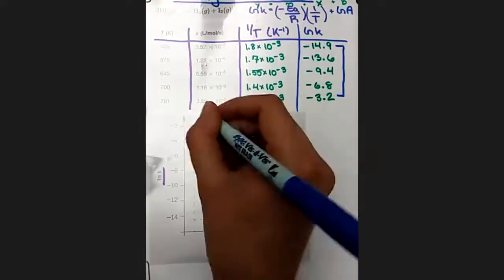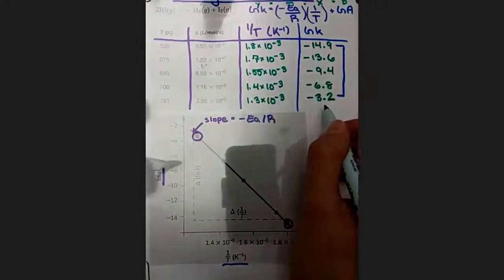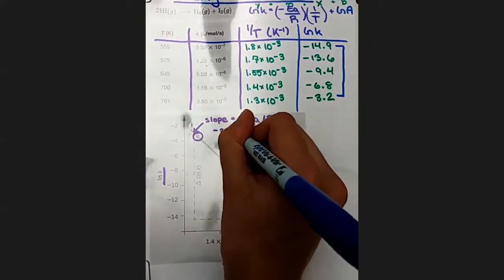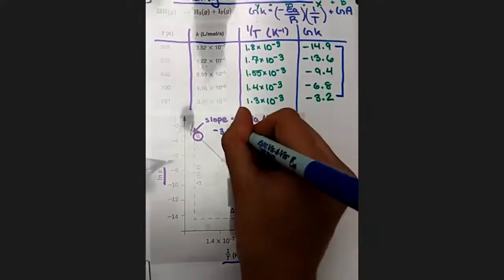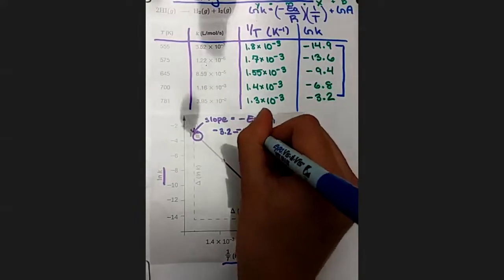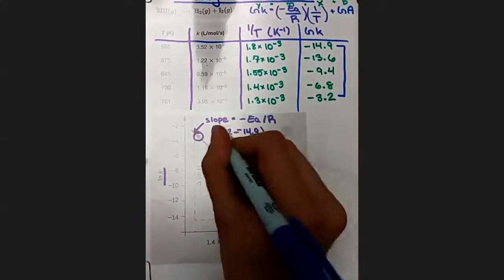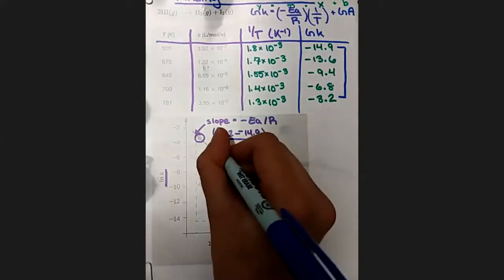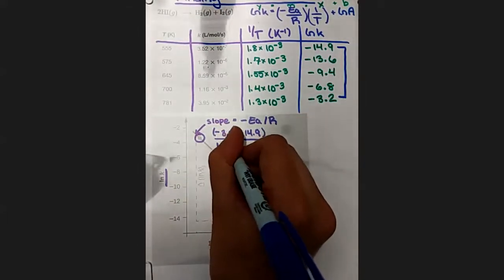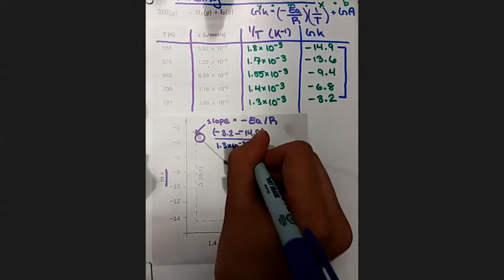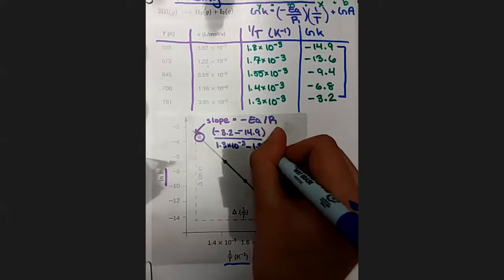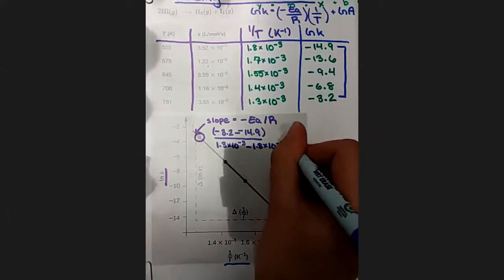All right, so slope is going to be equal to, we'll do this point at the bottom first, -3.2 minus the first point, -14.9 for our change in y, and for our change in x, 1.3 × 10^-3 minus our first point, 1.8 × 10^-3.